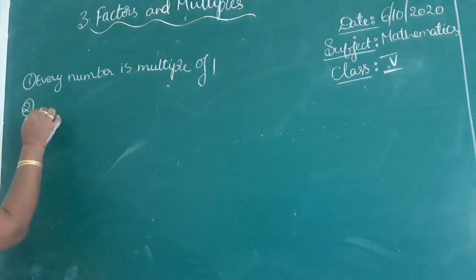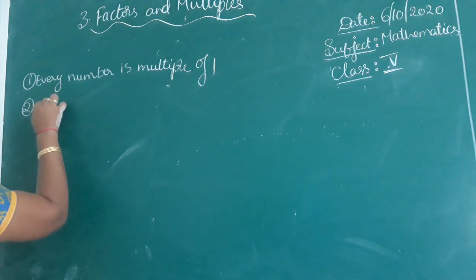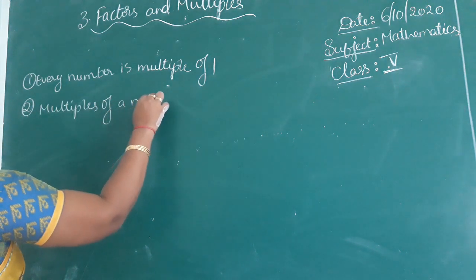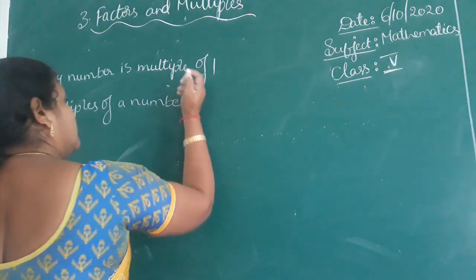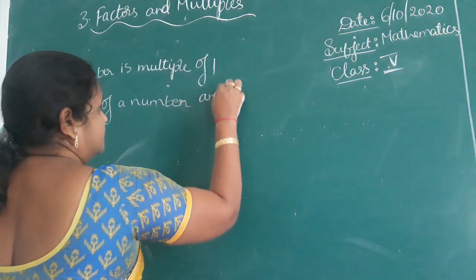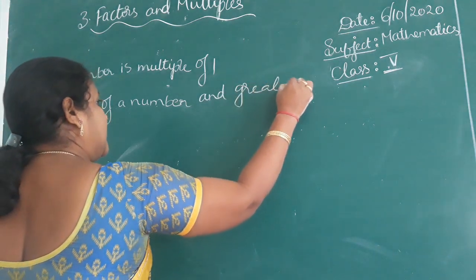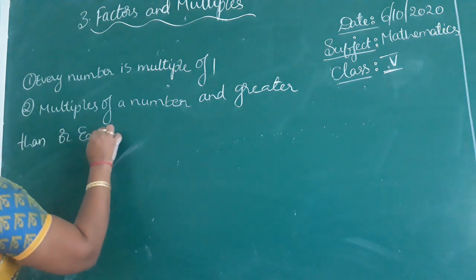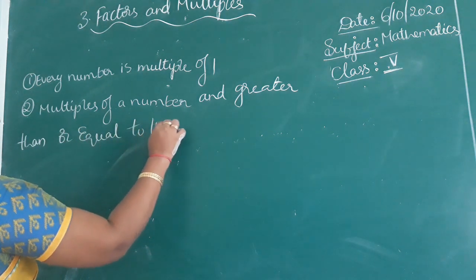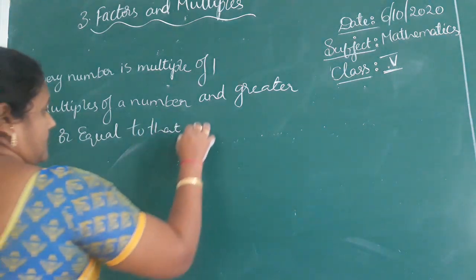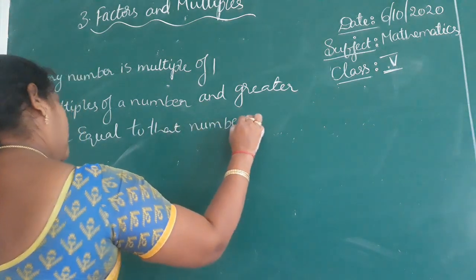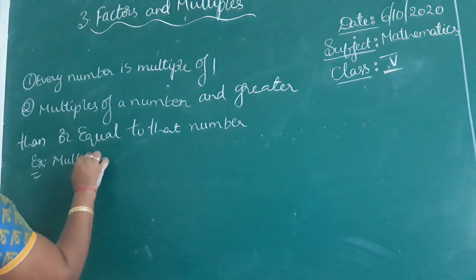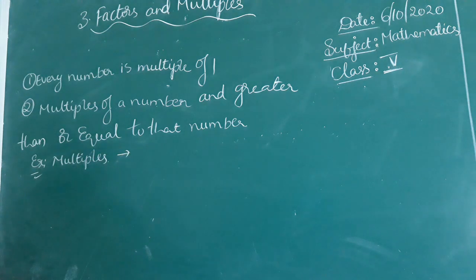Okay. Multiples of a number are greater than or equal to that number. How? I write the multiples of 5 now. Multiples of 5 start with 5 only.